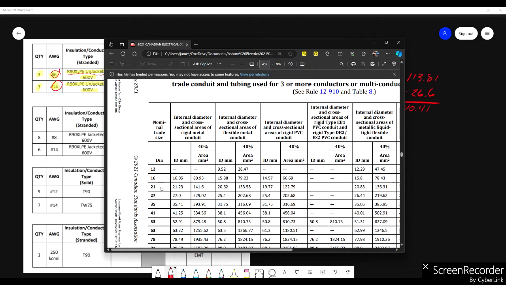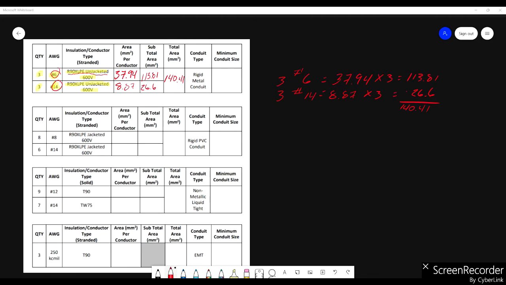So 21, which is a 3/4 inch conduit, is good for 141.6. So 3/4, I'll put 21, but I'm used to still saying 3/4 inch conduit. All right. So that's how you do it. Basically, that's how it's going to be for each one.